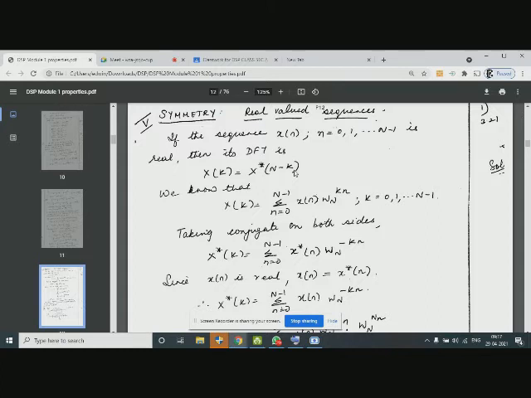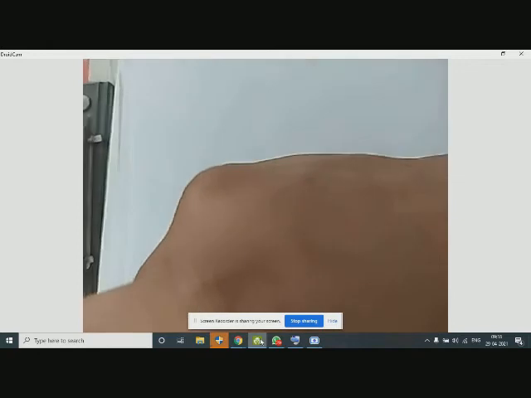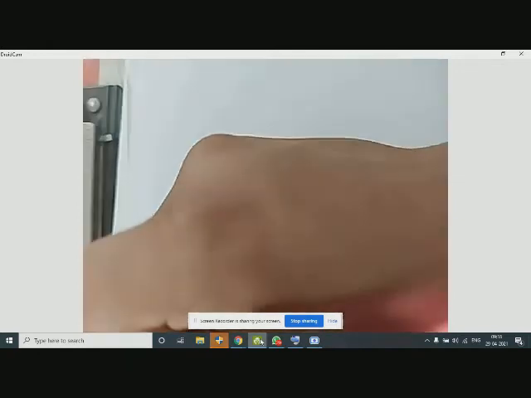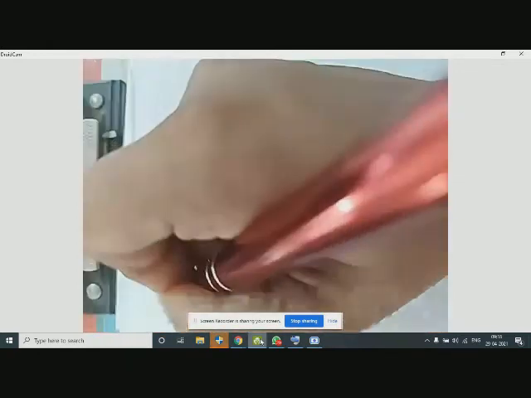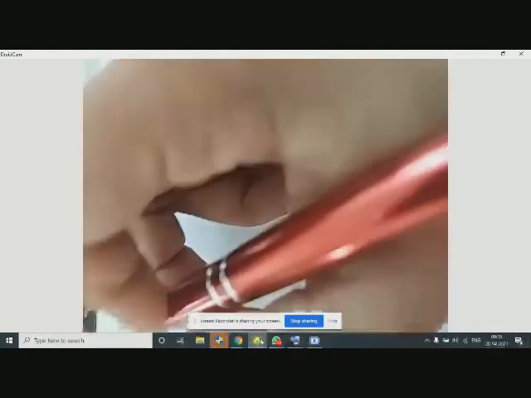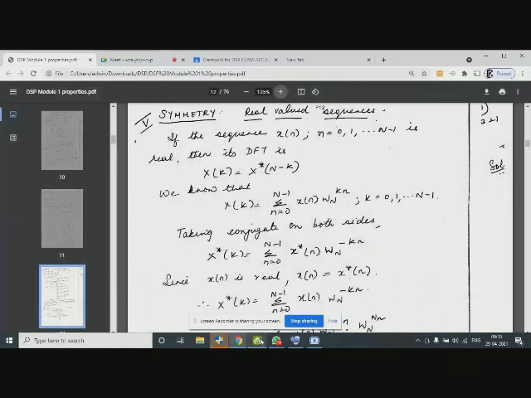So I can show you. Suppose I have a sequence like this. This is an example. What is symmetry?